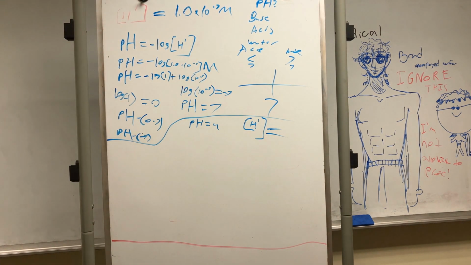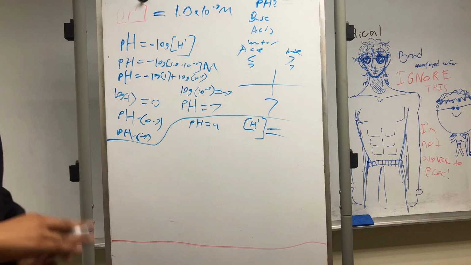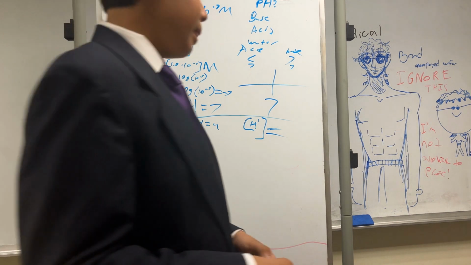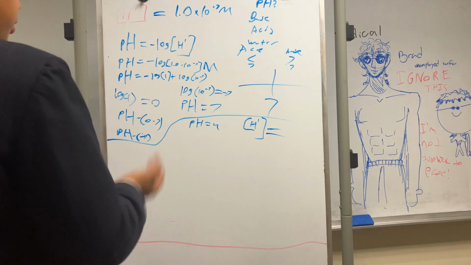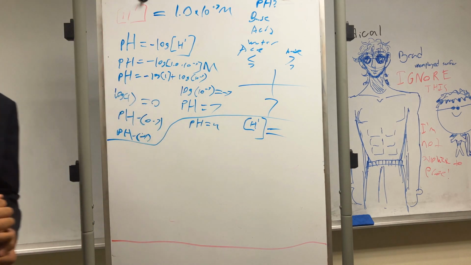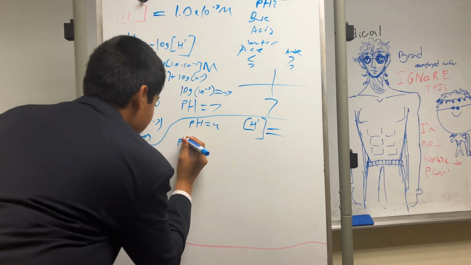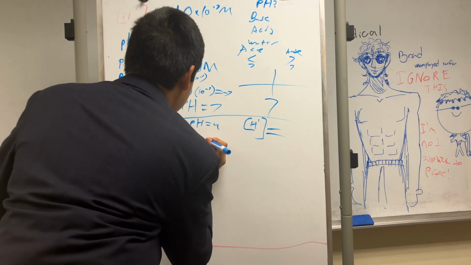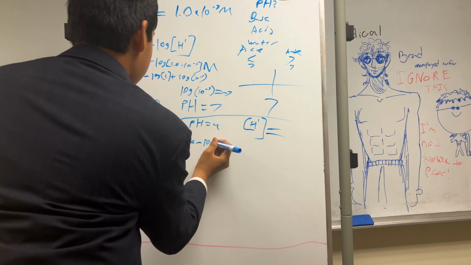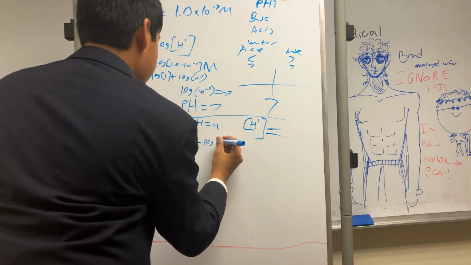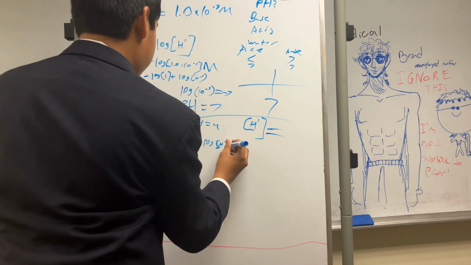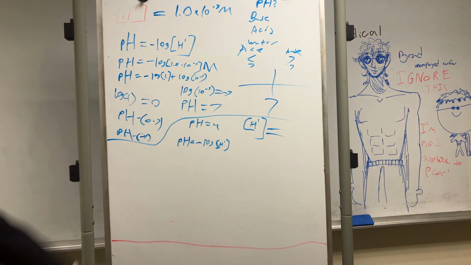Alright, so this is just the previous problem, but in reverse. If you write the equation again, pH equals negative log of hydrogen ion concentration.